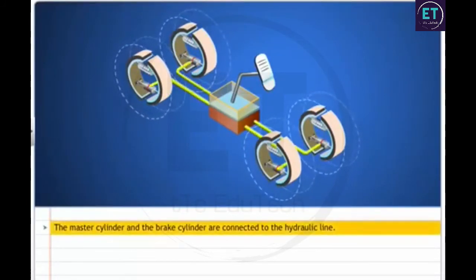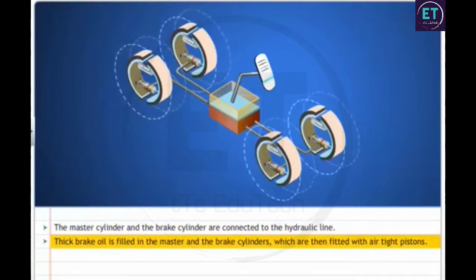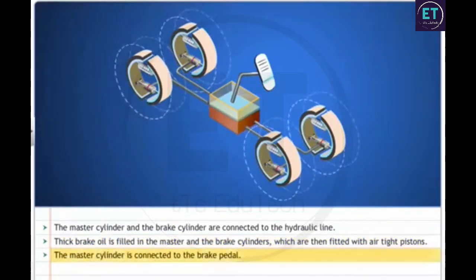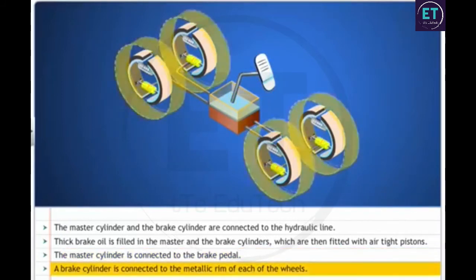The master cylinder and the brake cylinders are connected by a thick copper pipe called the hydraulic line. Thick brake oil is filled in the master cylinder and the brake cylinders, and they are fitted with airtight pistons. The master cylinder is connected to the brake pedal. A brake cylinder is connected to the metallic rim of each of the wheels.